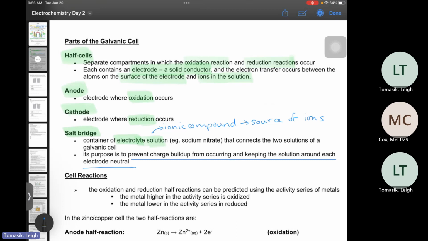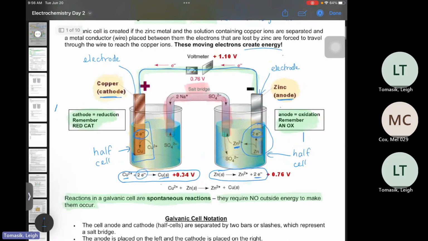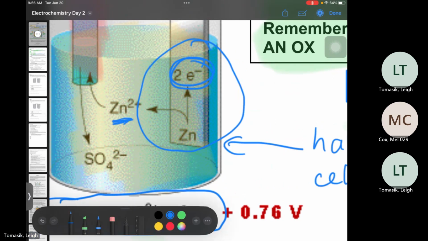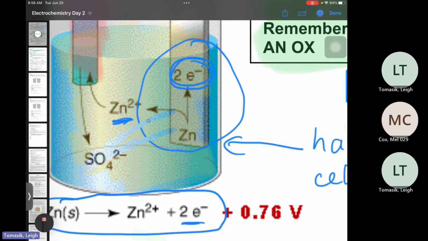So let's go back and look at what's happening at this electrode.